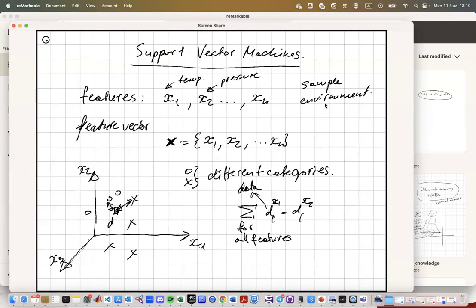So let's call it point D1, and this one is point D2. I messed up the indices. D1, D2, and you take corresponding coordinates, and just to be sure that you're positive, you take a modulus. And in this case, we are talking about measuring a Manhattan distance, or L1 distance.